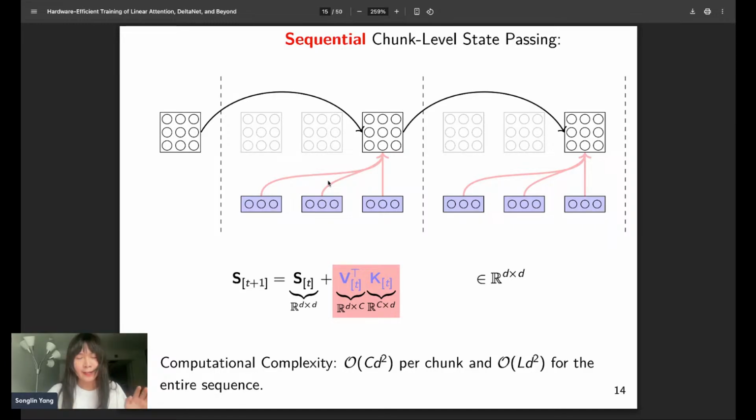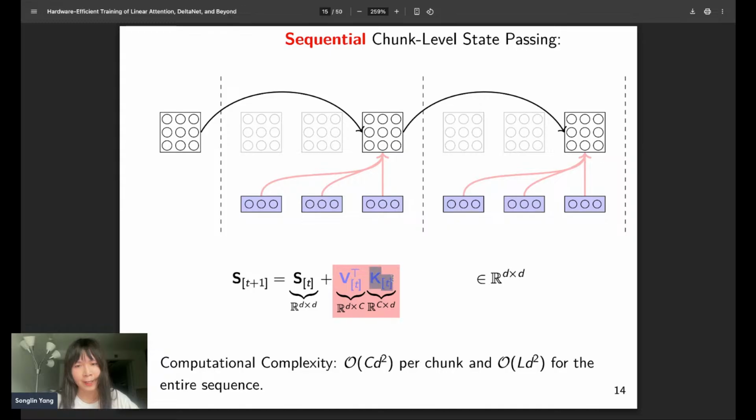For this recurrent state update, we need to do the cumulative sum of the outer product between the key and the value vector for this very chunk. And there's a very elegant mathematical property: the cumulative sum of this outer product can be written as a matrix multiplication. This is why we can write this recurrent state update in matrix multiplication.